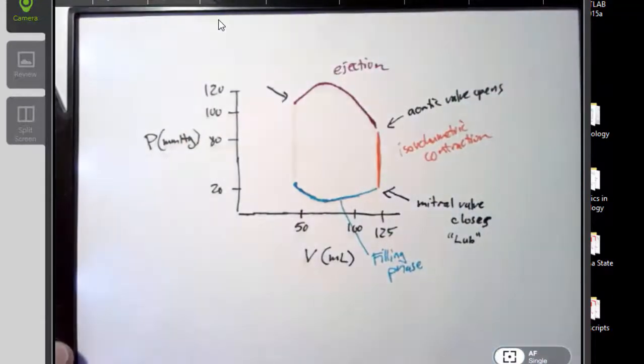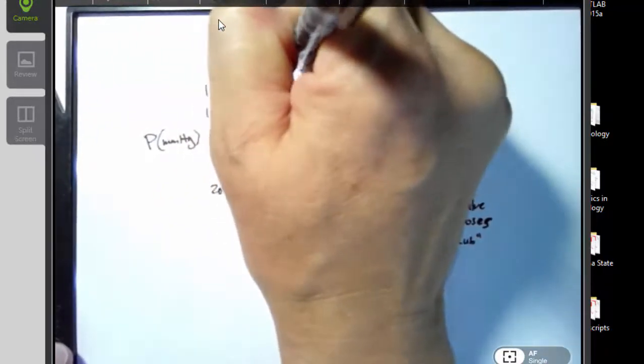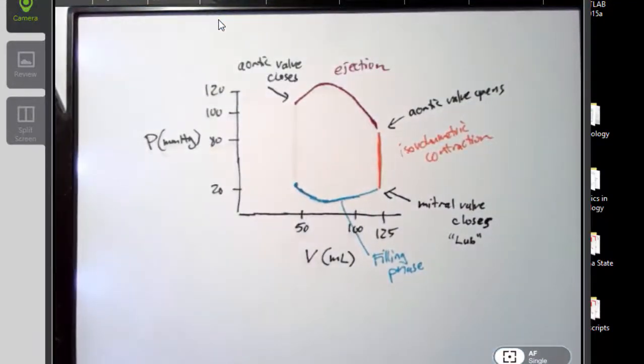So let's put that in here. So aortic valve closes.